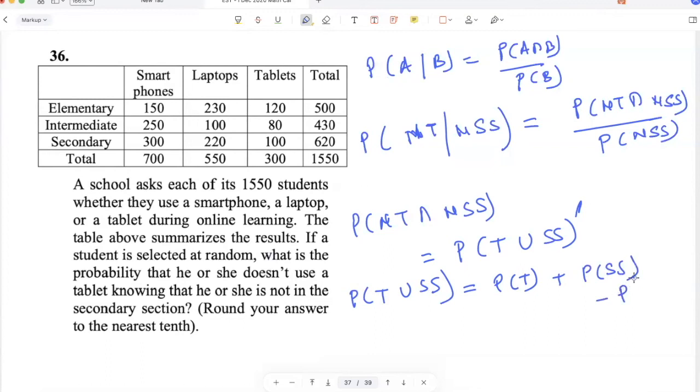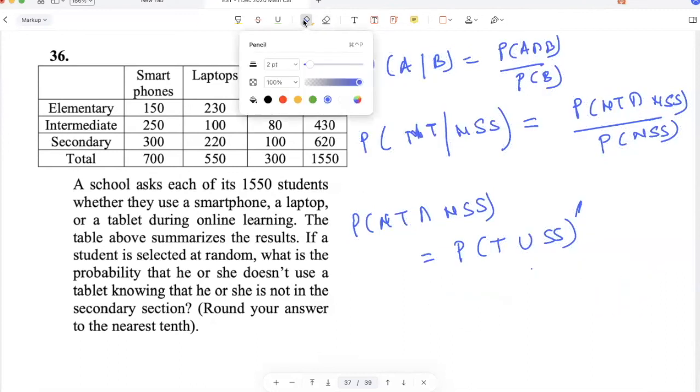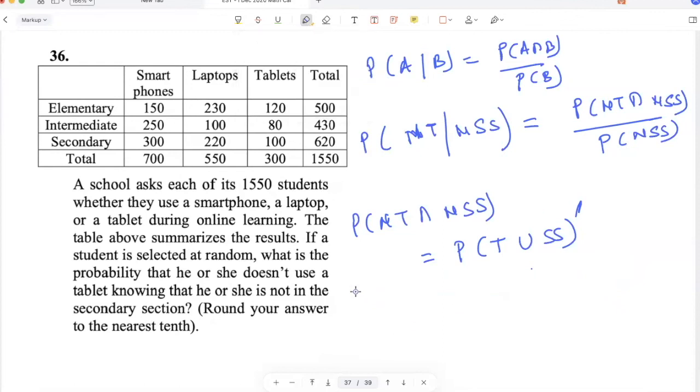Actually, I'll just work with numbers. I don't need to work with probability right now because that will get resolved later. So let me find T union SS, which is T plus SS minus T intersection SS.